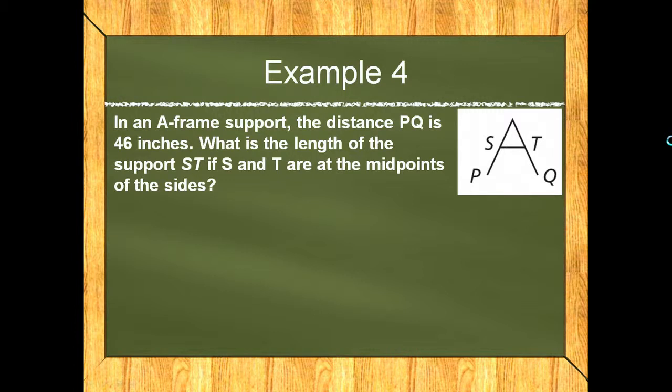For example 4, in an A-frame support, the distance PQ is 46 inches. What is the length of the support ST if S and T are the midpoints of the sides? Using the midsegment theorem, ST equals 1/2 PQ.